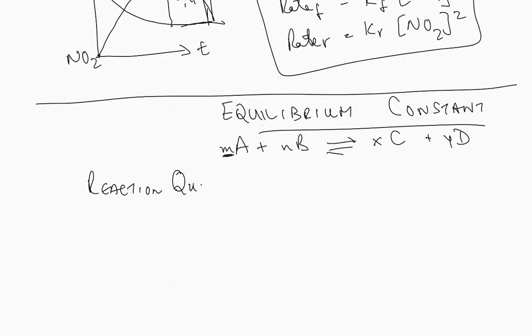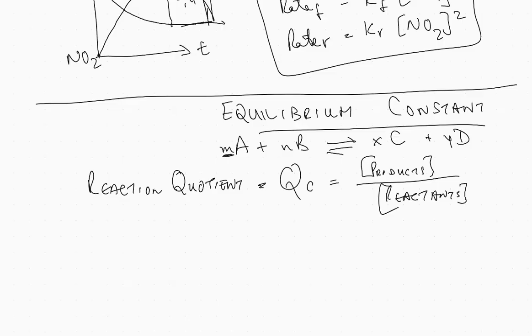Because we express that in concentration terms, we put it as Qc, given by the ratio between the concentration of the products and the concentration of the reactants, where the square brackets mean concentration. That ratio tells us whether the reaction is going to move forward or reverse, or has attained equilibrium.